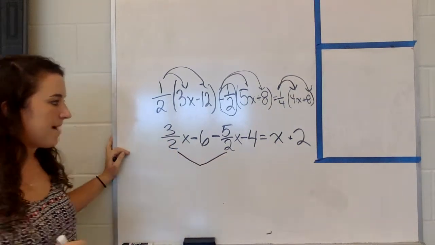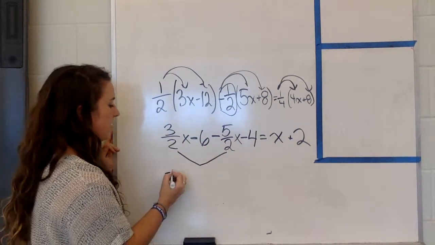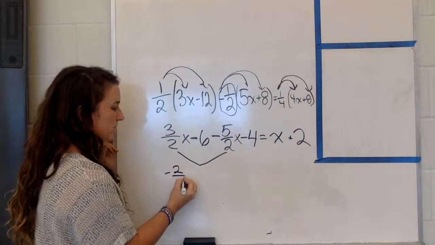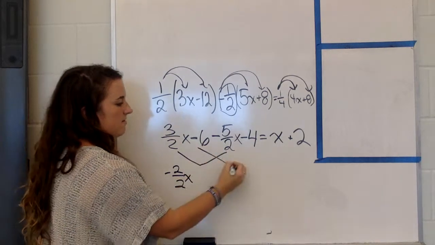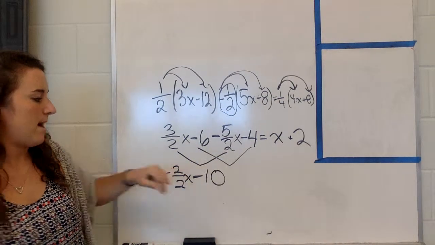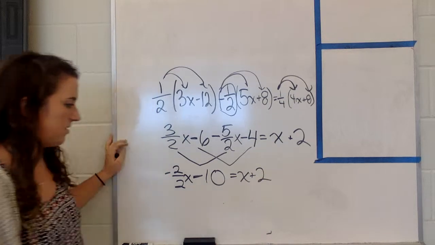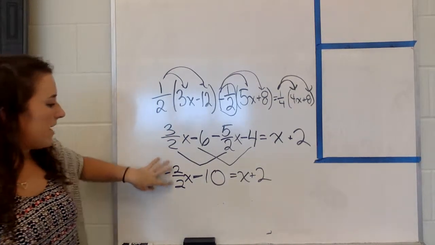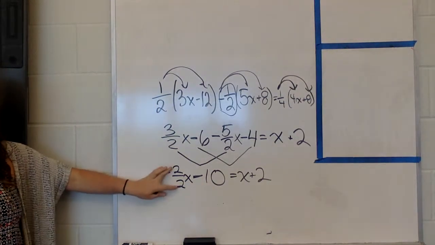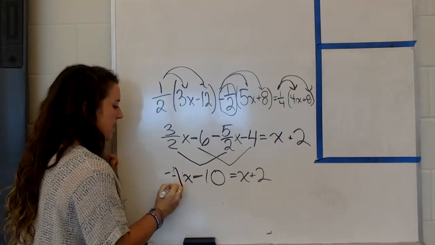Negative 3/2 minus 5/2, you have the same denominator, so you can subtract your numerator. It's negative 2 over 2x. Combine these like terms, minus 6 minus 4 gives you minus 10 equals x plus 2. Negative 2 over 2. What is 2 over 2? It's the same thing as 1, so this is just negative 1x.